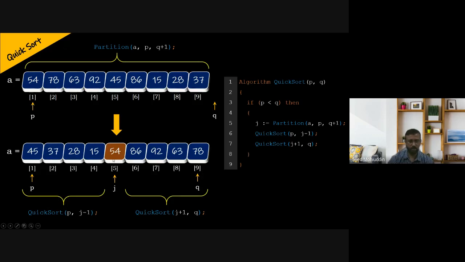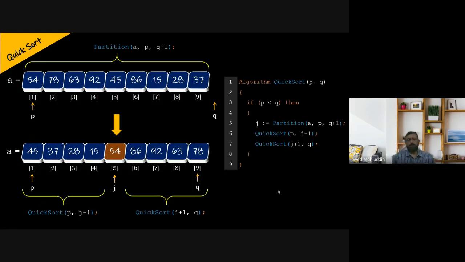Remember, the j element is the partitioning element, the pivot, and it's already sorted. So we have to sort the remaining elements, from index j plus 1 to q. It's not q plus 1 because partition is done by passing q plus 1 when called again, so we just pass q over here. So this is how quicksort works.